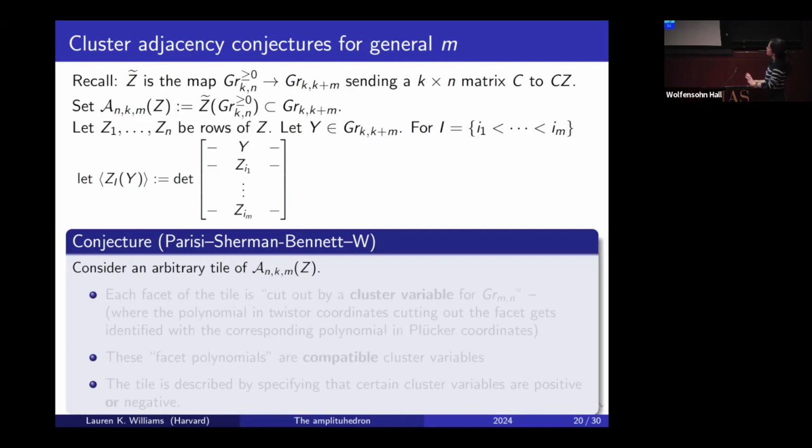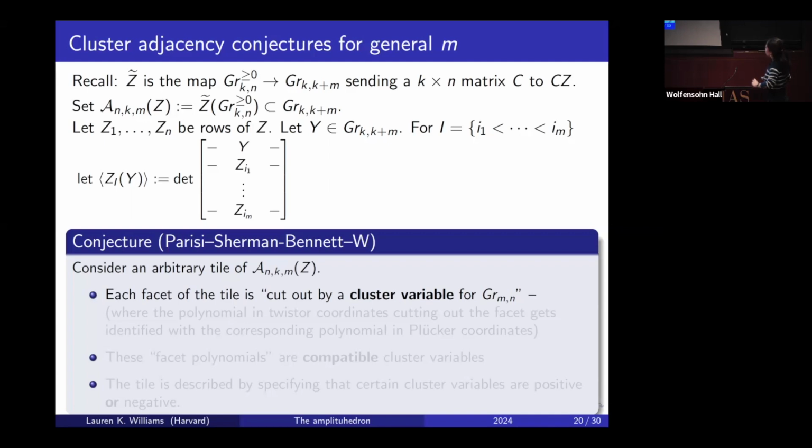Okay, so let's start with an arbitrary tile of the Amplituhedron A_{n,k,m}. Then every facet of the tile is, I'm putting in quotes, cut out by a cluster variable for the Grassmannian of m planes in n space. And now what do I mean by cut out by a cluster variable? Let me make that a little more precise.